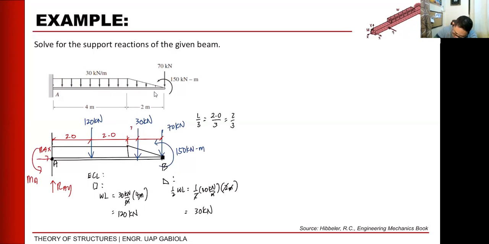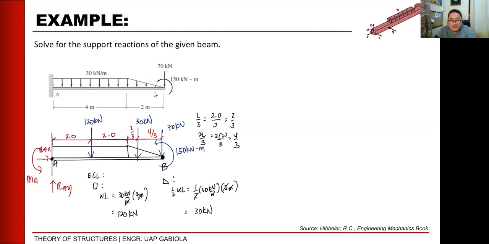Okay? So, this is 2/3. Then, yung last natin is 2L over 3. 2L over 3 for 2 times 2 over 3 or 4/3. Or this will be 4/3. Okay? So, yan yung mga distances ng mismong applied ECL natin dun sa support natin.